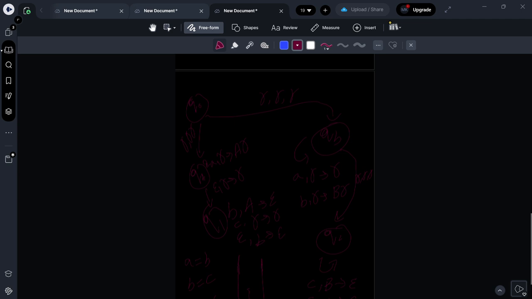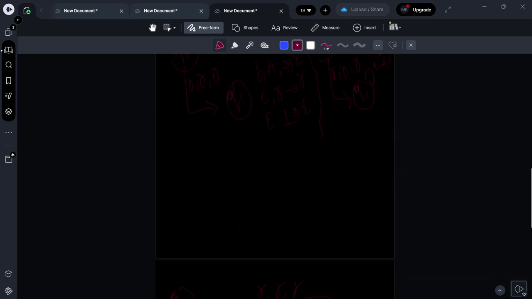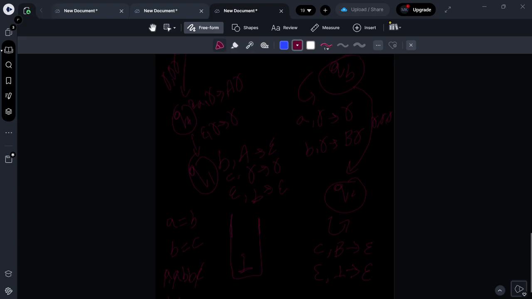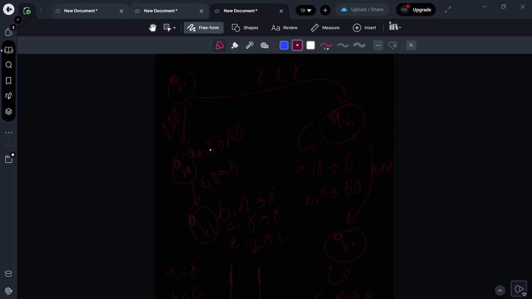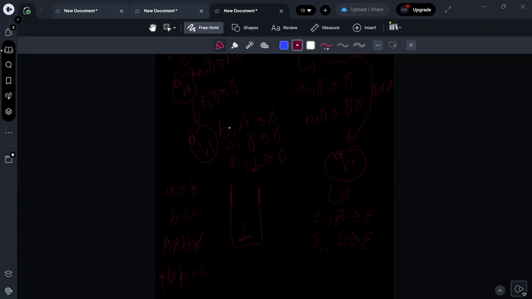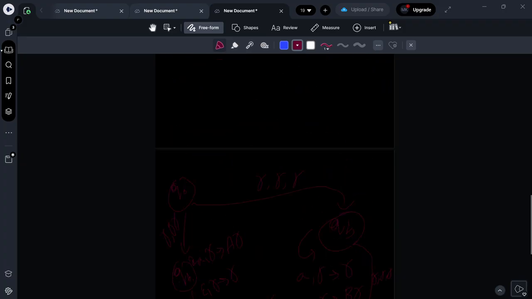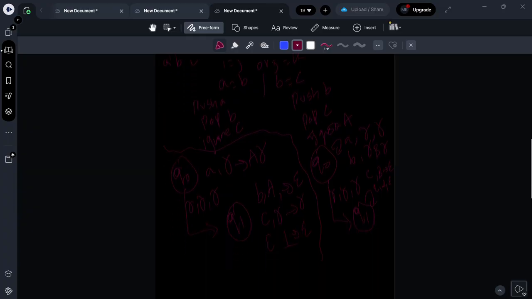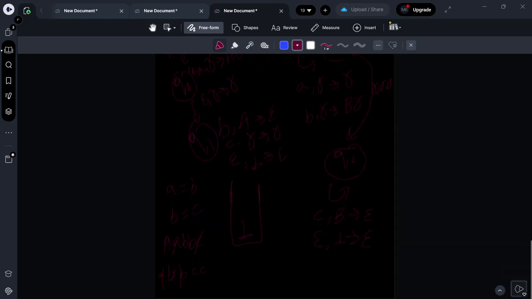Then we have made something similar to this. This is the final transition, because we make two paths: one where we ignore the C's, and one where we ignore the A's.